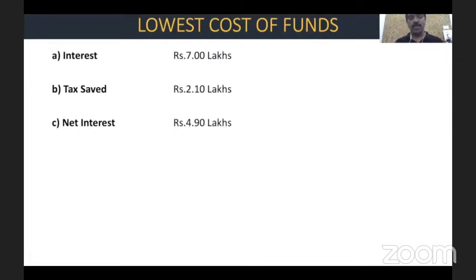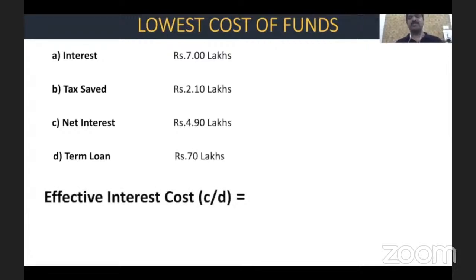And what is the loan amount I have taken? 70 lakhs. For having taken 70 lakhs, I am paying interest of 4.9 lakhs. It means my effective interest cost, my actual interest cost, I know it is 10%, but my effective interest cost is 4.9 lakhs over 70 lakhs. It is only 7%. Because when you pay interest on one side, on the other side you save taxes.